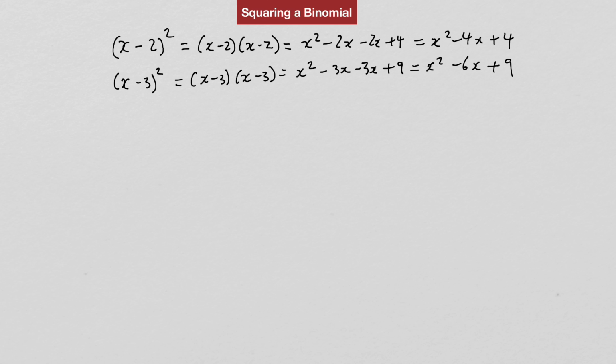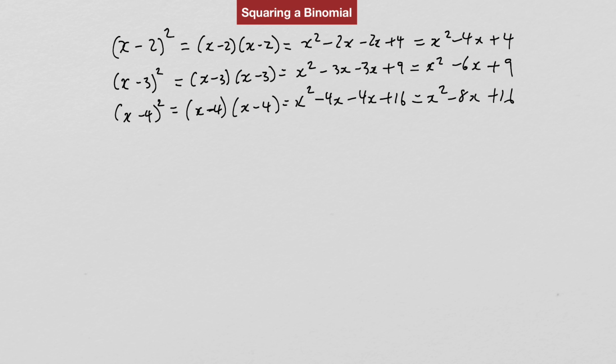And let's do one more. (x - 4) quantity squared is equal to the quantity (x - 4) times the quantity (x - 4). Using the FOIL method, that comes out to x squared minus 4x plus 16, and that simplifies to x squared minus 8x plus 16.